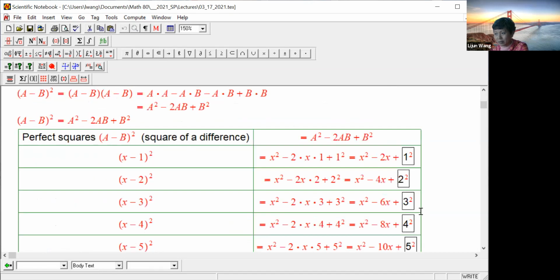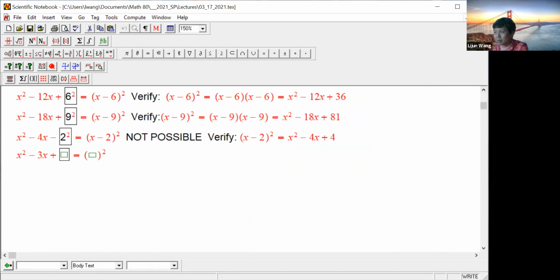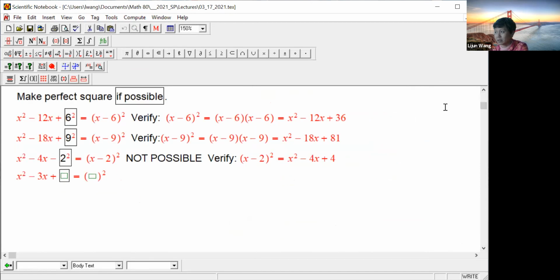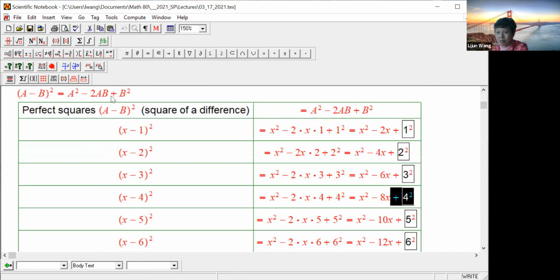In the second one, there's adding 1 squared, adding 2 squared, adding 3 squared, adding 4 squared, adding b squared, not subtracting. Did you notice that?